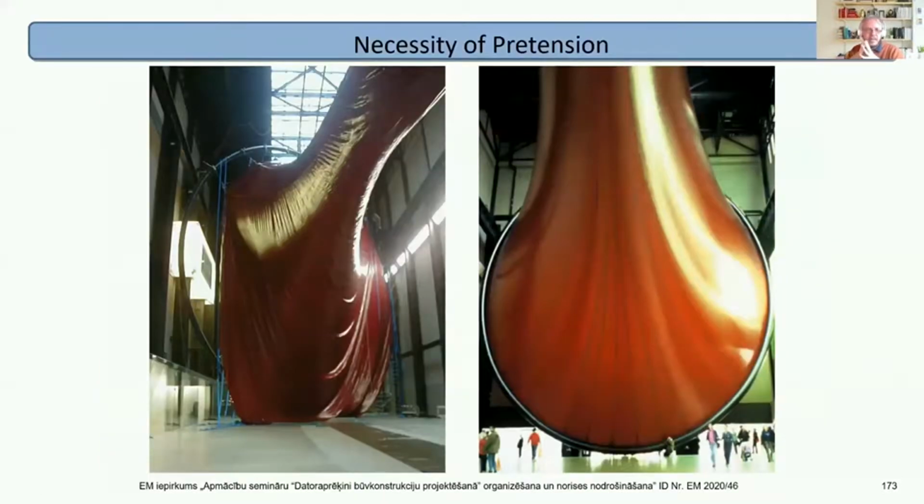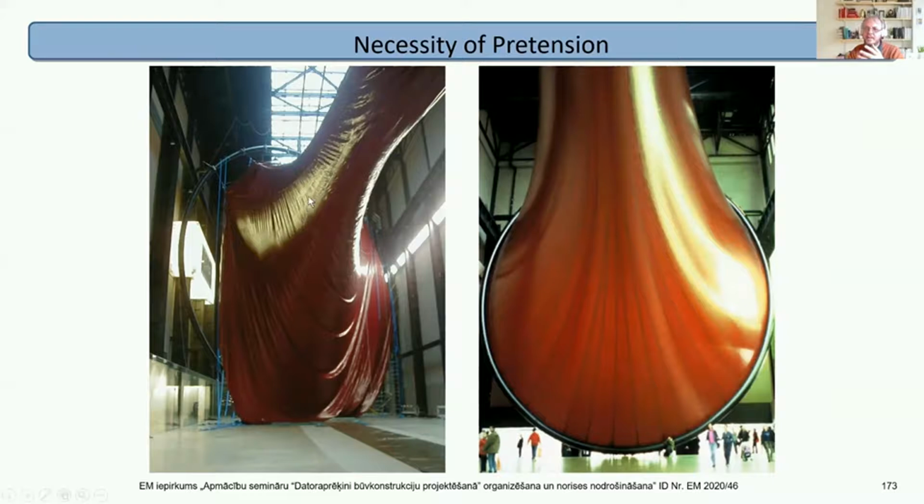I mentioned pre-stress in these tension structures. You've got to get the pre-tension right. So this is a fabric structure. This is the Marsyas sculpture in the Tate Modern Gallery from a number of years ago. In the picture on the left, it's still being put up. The pre-tension isn't entirely there yet, and you'll see that it's wrinkling.